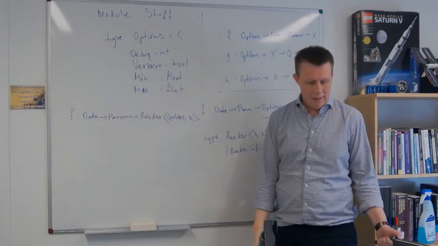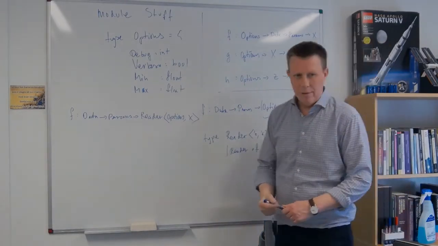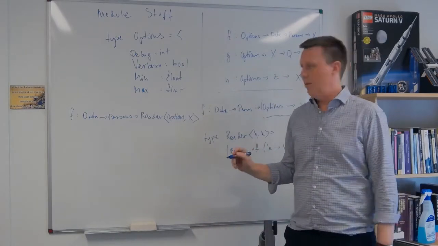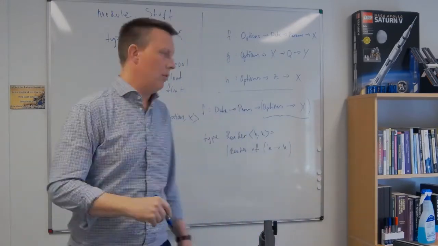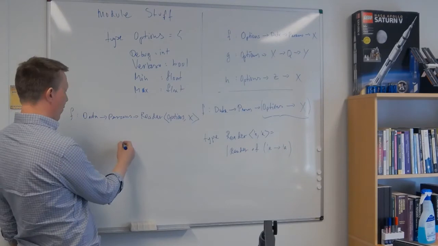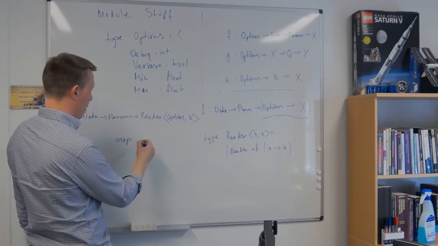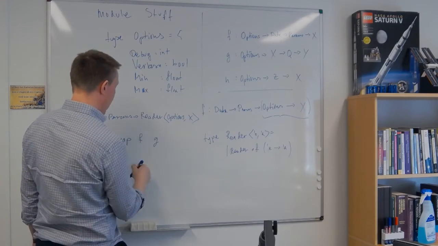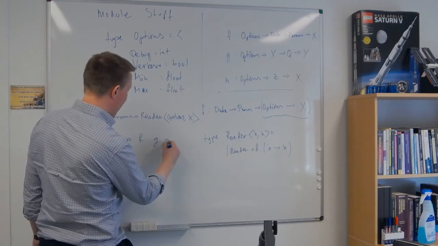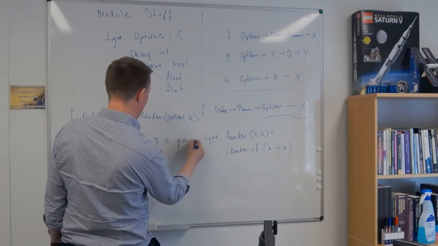So why have we done this? Well, a little reminder here. When we talked about functors, I mentioned that functions are functors. And just to do a little refresher, we can say map f g, where that's a function, and that's also a function, and this is the same as g composed with f.